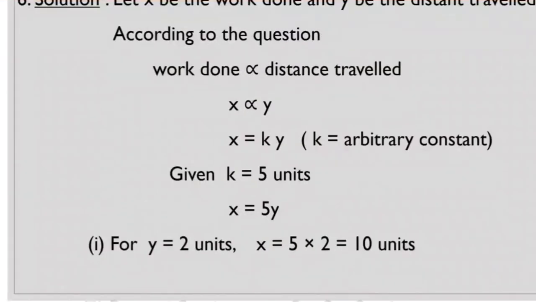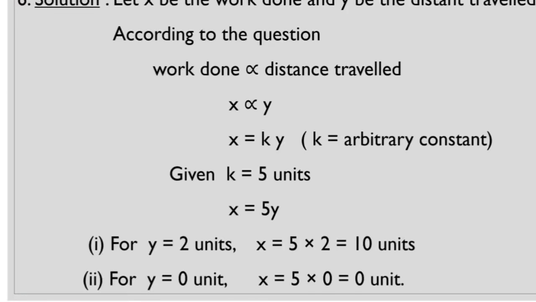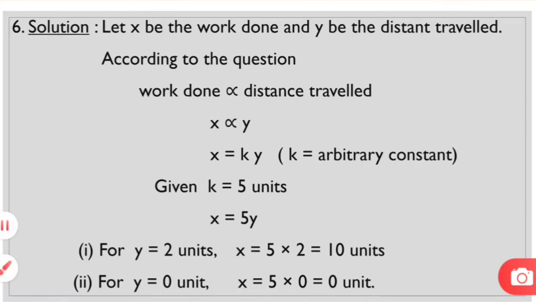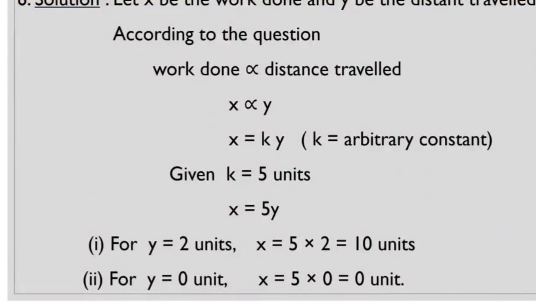Similarly for y equal to 0 units, we will again insert in the given equation, that is x equal to 5 into y, that is 5 into 0, so we will get x as 0 units. Let's take one more value so that we can plot the graph in an easy way.